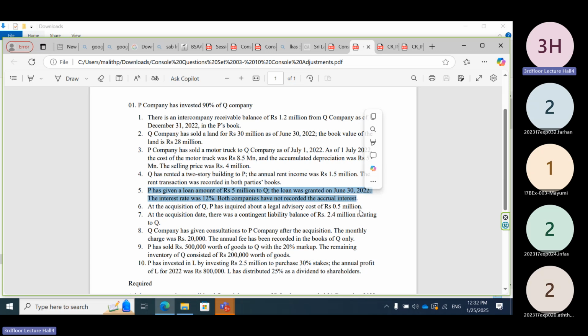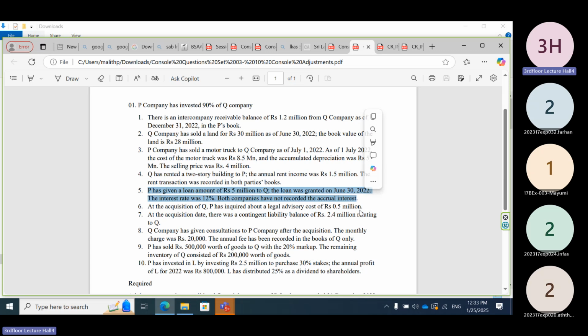This interest expense includes only the period amount, only these 12 months. The other 6 months have already been adjusted to the post-acquisition retained earnings. Right? It should be adjusted to the subsidiary retained earnings account, this portion.